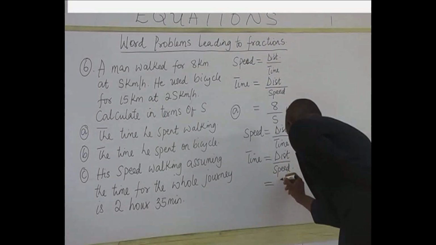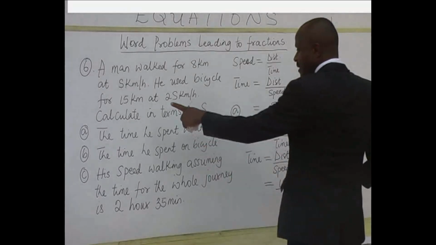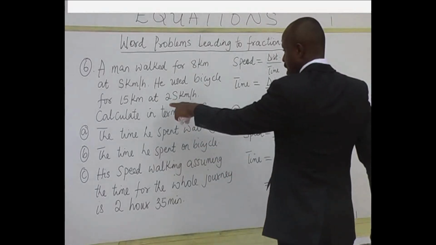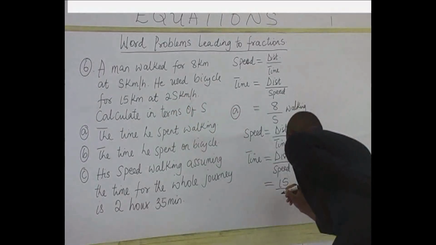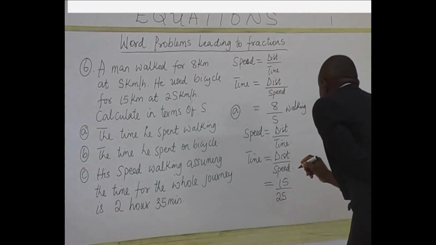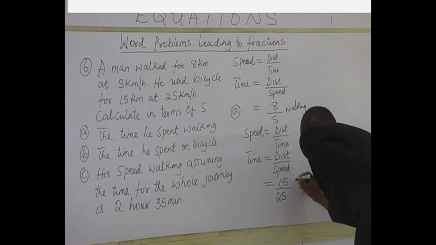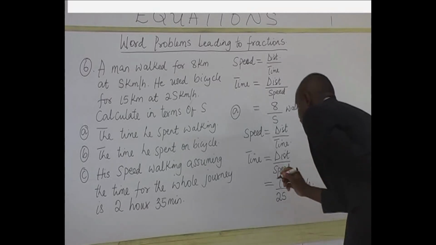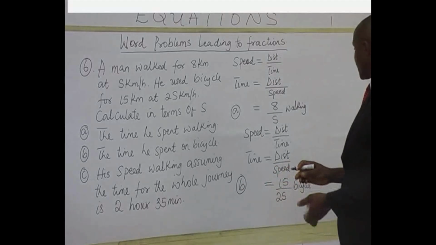So we're going to have 15 kilometers divided by speed. And we are told that his speed was 2s kilometers per hour. So 15 divided by 2s will now be the time he spent on the bicycle. That should be question number B answered.